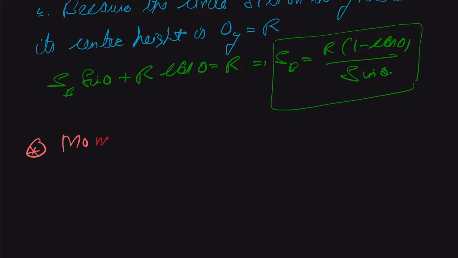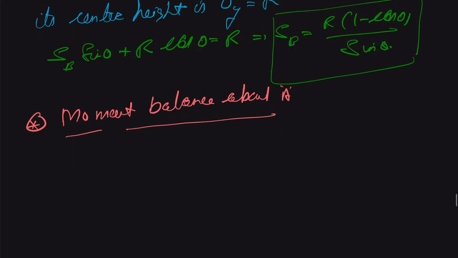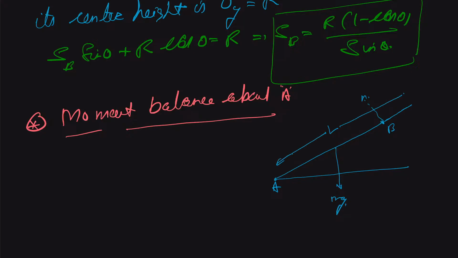So we can say the moment balance about A, and we are going to calculate about point A. So this is our point A and this is our point B. This is normal here, and there will be mg in the downward direction, and the total length is our L. Point B is at a distance of SB from A, which we already defined.